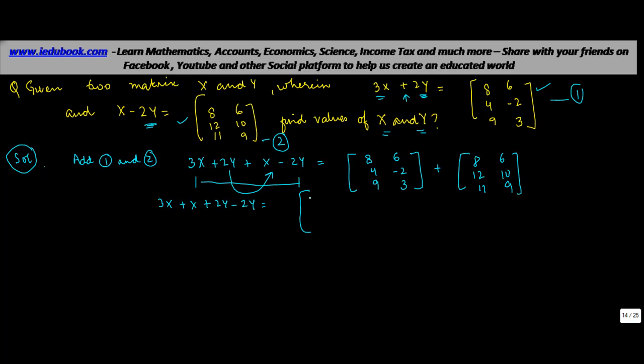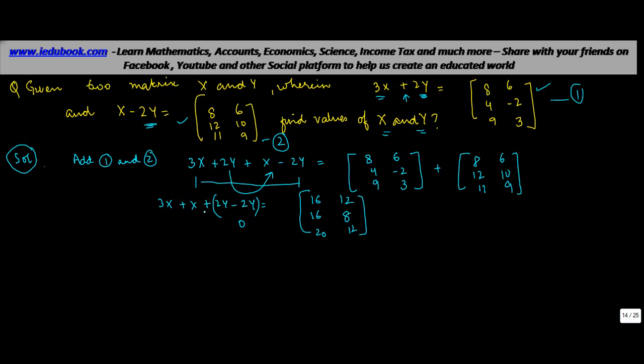So 8 plus 8, 16; 6 plus 6, 12; 4 plus 12, 16; minus 2 plus 10, 8; 9 plus 11, 20; and 3 plus 9, 12. Now 2y and minus 2y are additive inverses of each other, so you will get 0 out here.